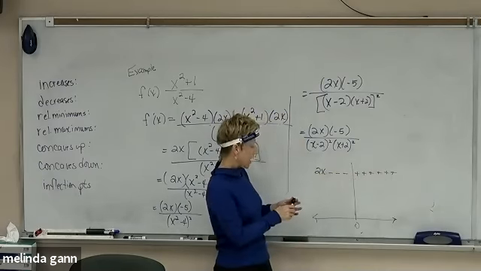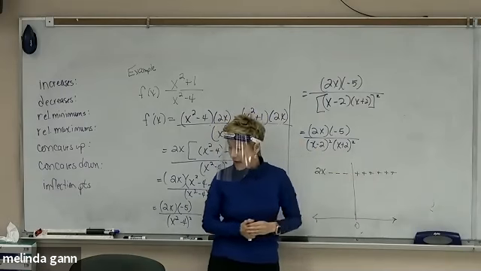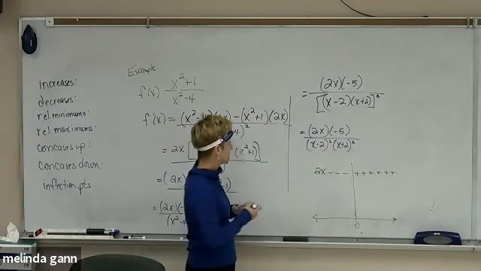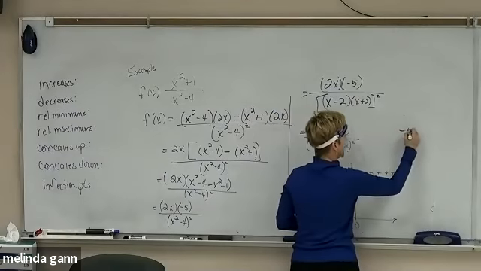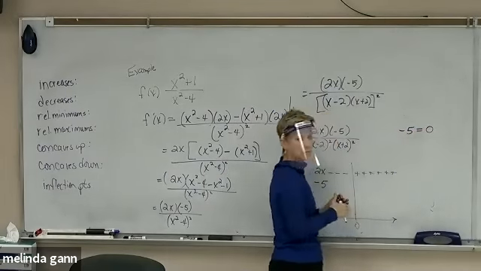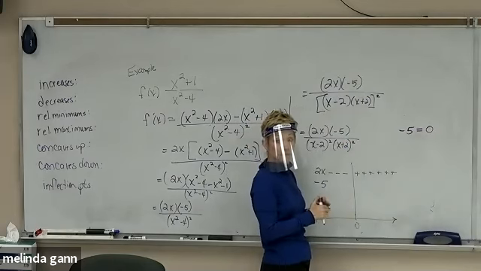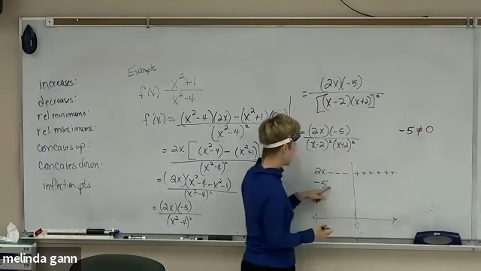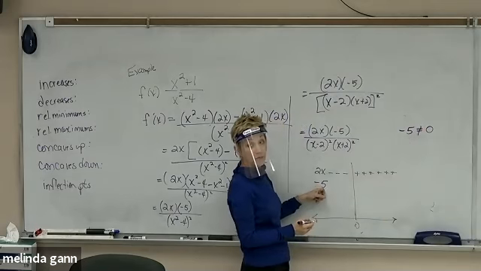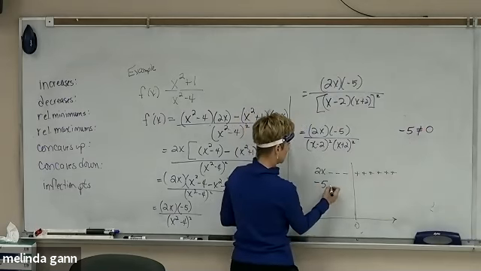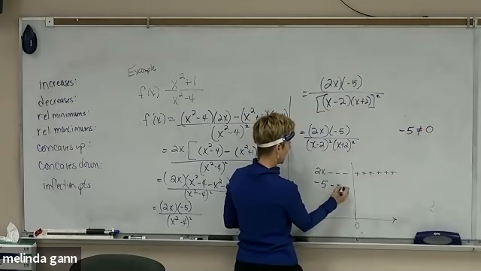All right. Another factor that I have is a -5. Now, does a -5 ever equal 0? So that means this thing's either negative all the way across or positive. What's a -5? Always what? What kind of number is it? Negative. It's negative.